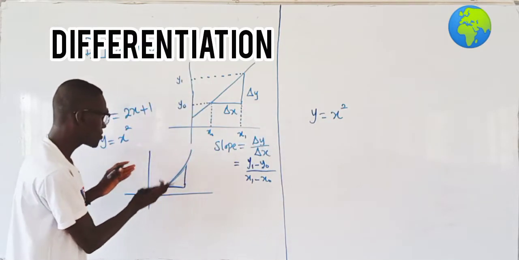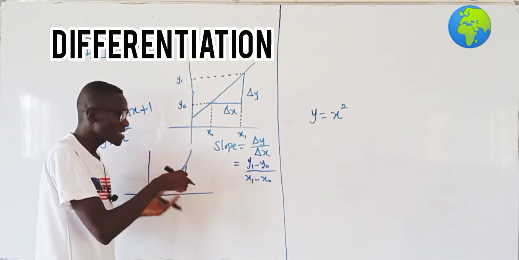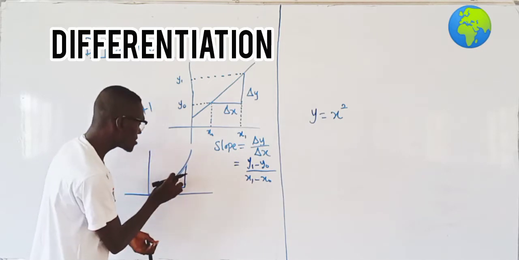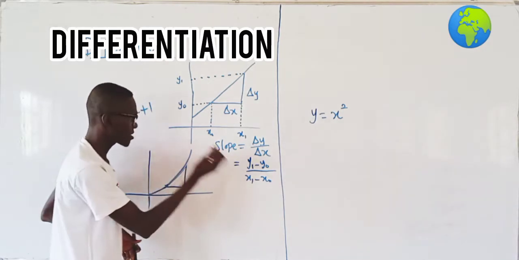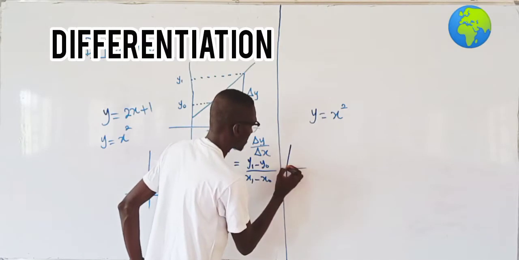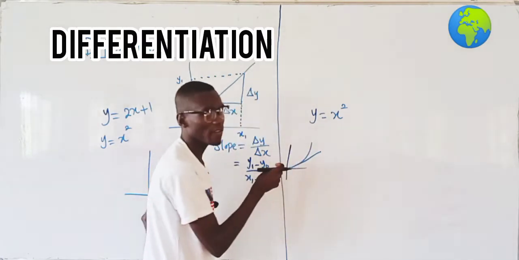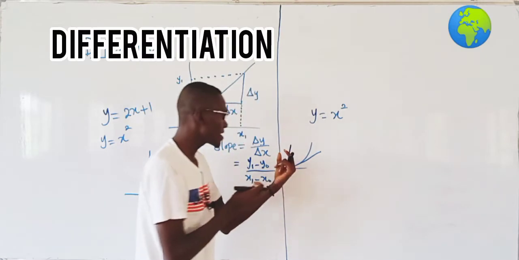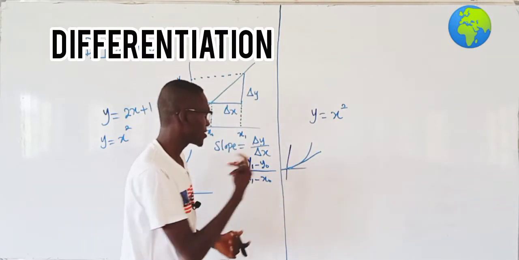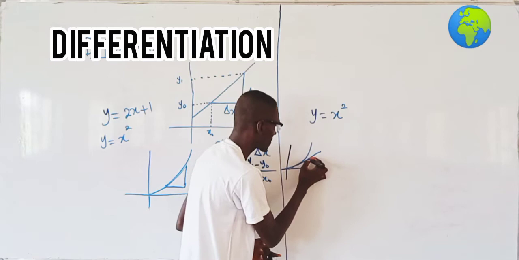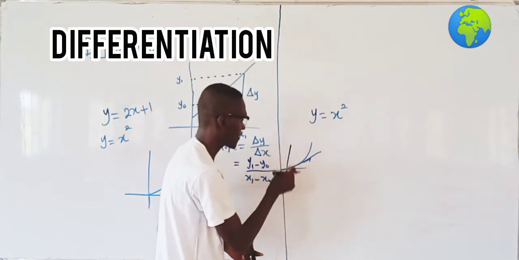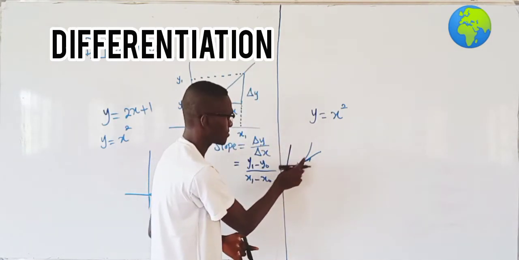To calculate the slope of a curve, we take the tangent at that point. Recall that when I have a curve, any line that touches the curve is a tangent. So calculating the slope of a curve is just calculating the slope of the tangent that touches the curve at that point.